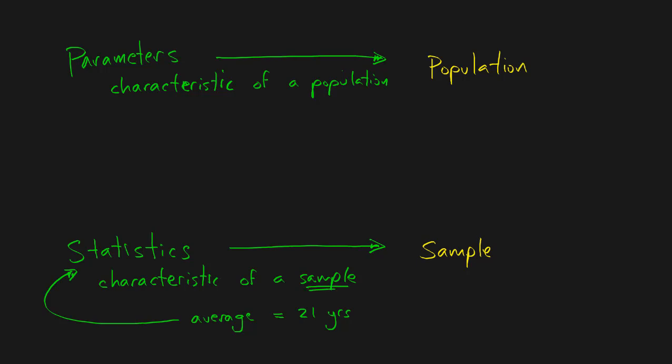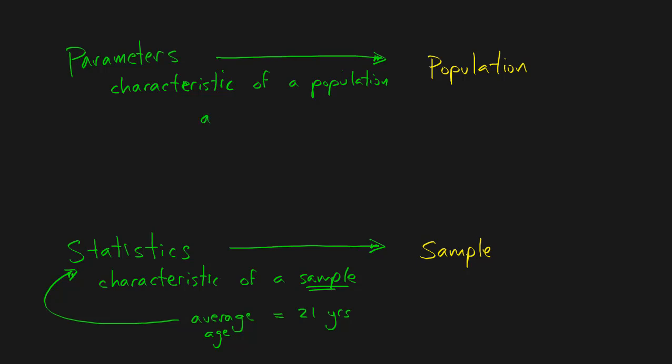Now the same thing could have been done if you had the entire population. Let's say that you work in the dean's office or in the registration office. So you actually have access to every single individual's profile that goes to the university. So you've got tens of thousands of profiles of people that attend the university.